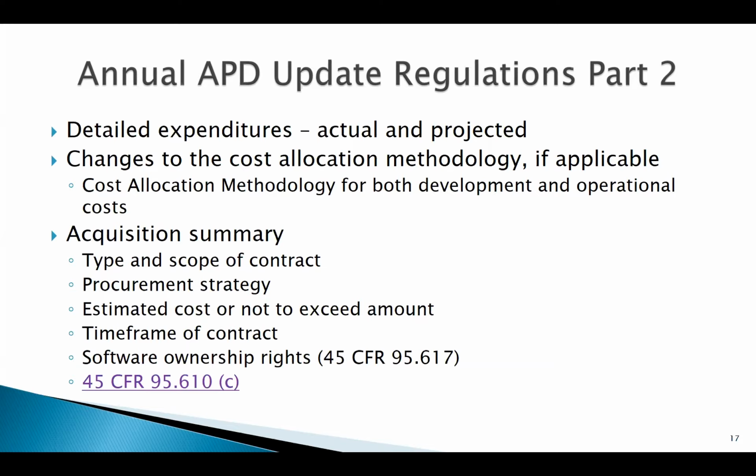Your acquisition summary should contain the type and the scope of the contract, the procurement strategy, the estimated cost, and the not to exceed amount, the time frame of the contract, and the software ownership rights.